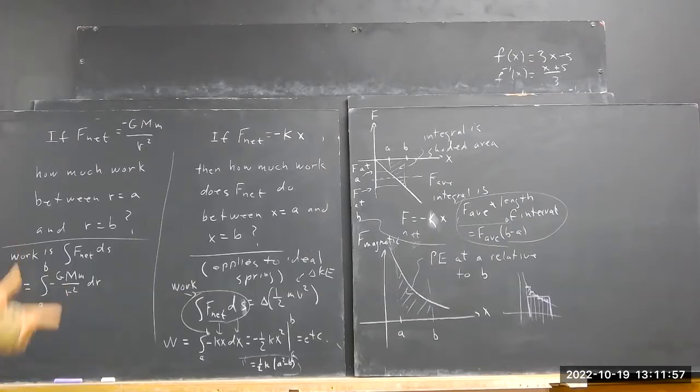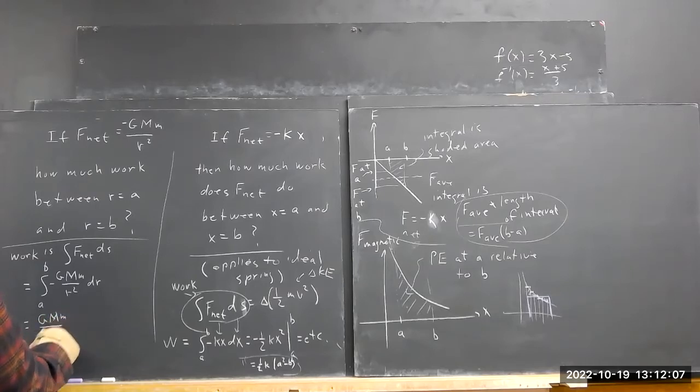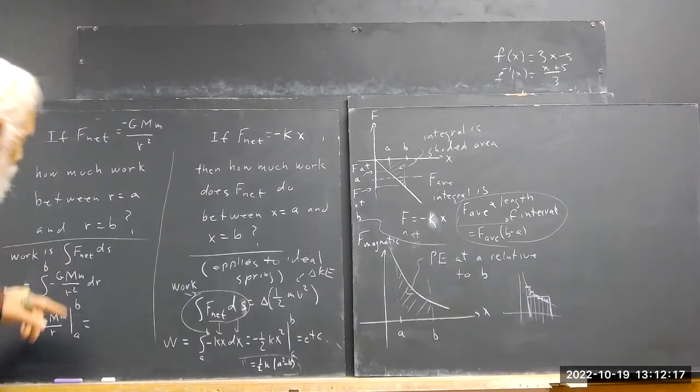You get this, and then you do the integrations. Integrating the reciprocal of r squared, you get -1 over r.